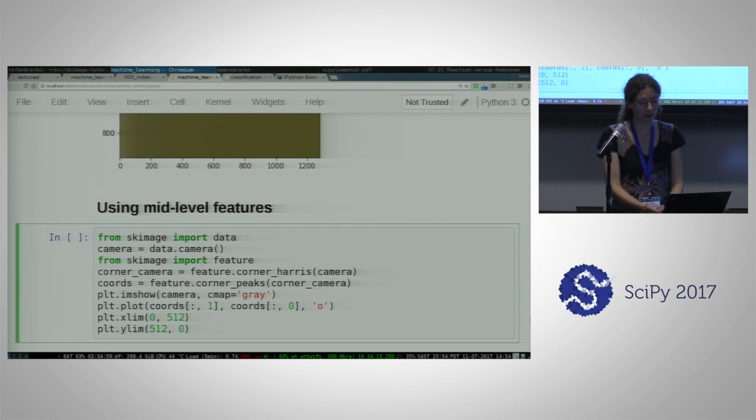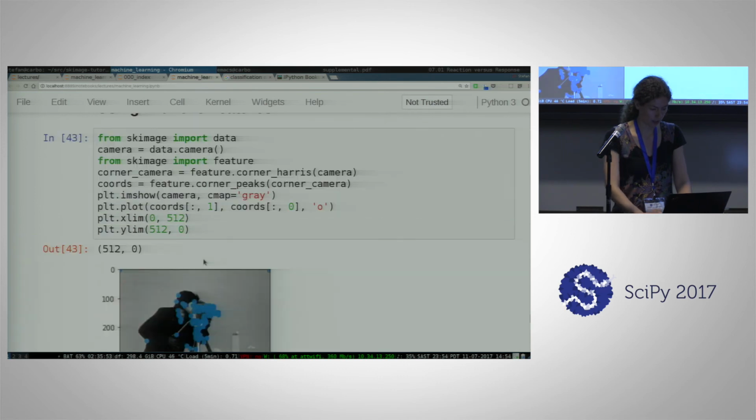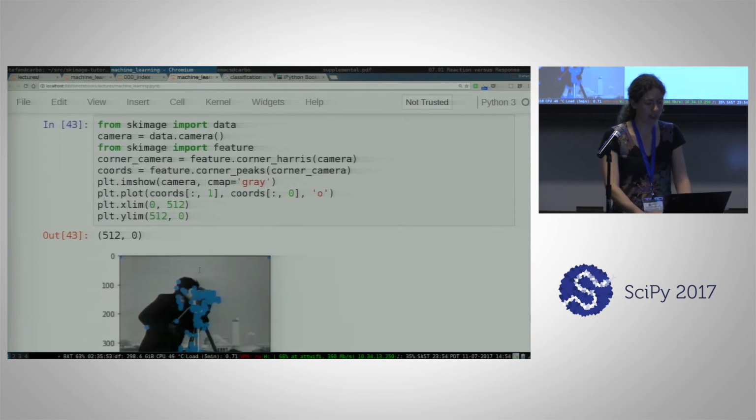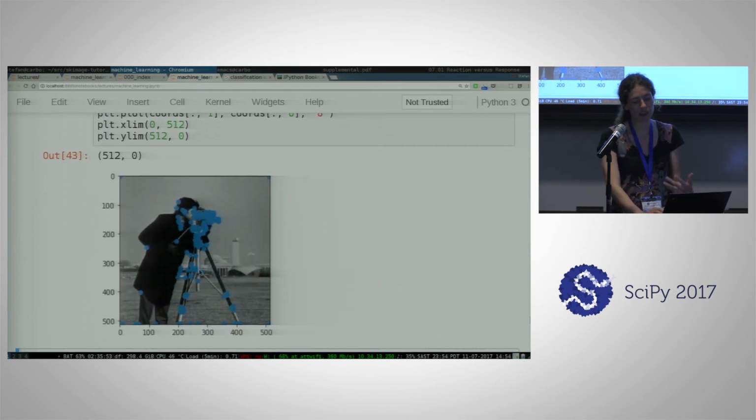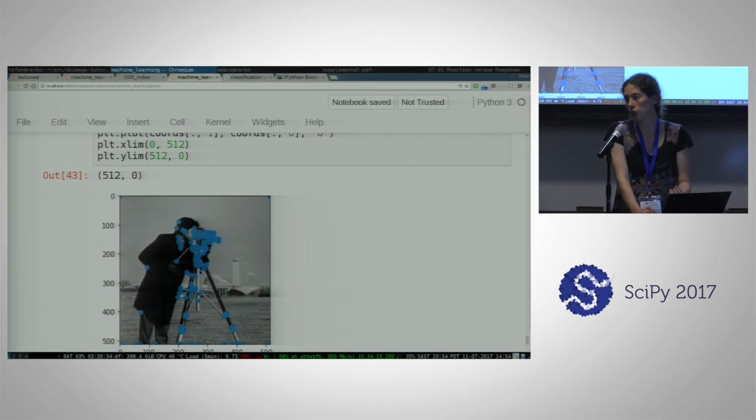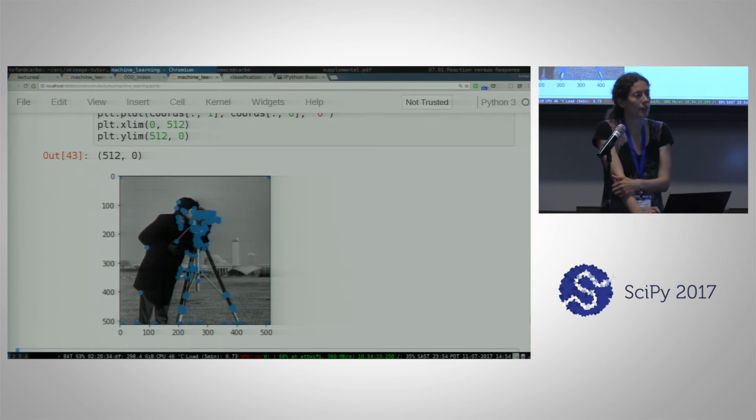Now we will have a different kind of features, which will be, for example, corners. In an image, it's possible to detect locations of points of interest, and it will be useful, for example, to be able to compare images together.